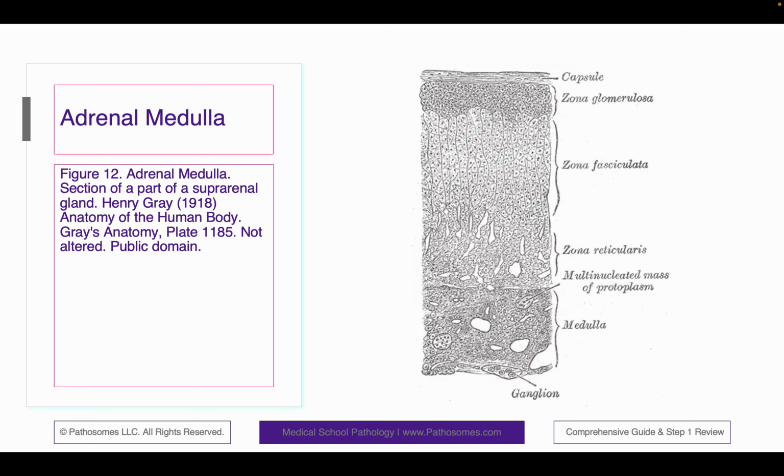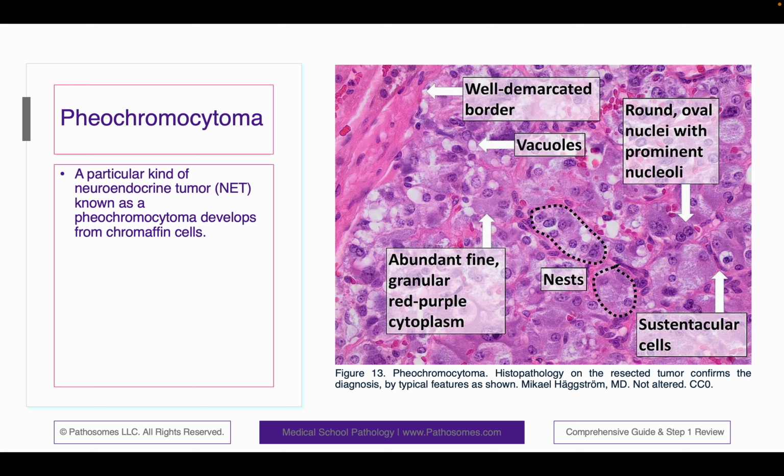Here we have a picture, a very old school picture, right? Because the adrenal gland hasn't changed in millions of years, showcasing the capsule, zona glomerulosa, fasciculata, reticularis, and importantly, the medulla. Speaking of which, let's talk about pheochromocytoma, a particular kind of neuroendocrine tumor that develops from chromaffin cells.